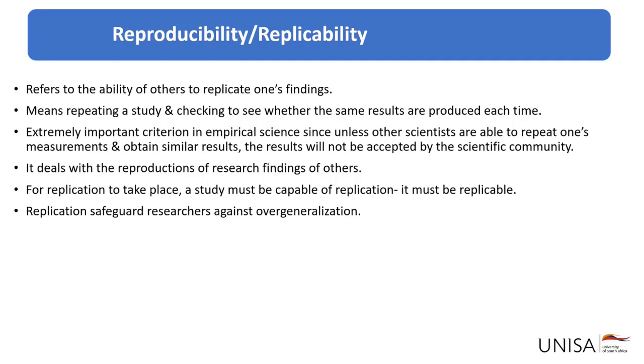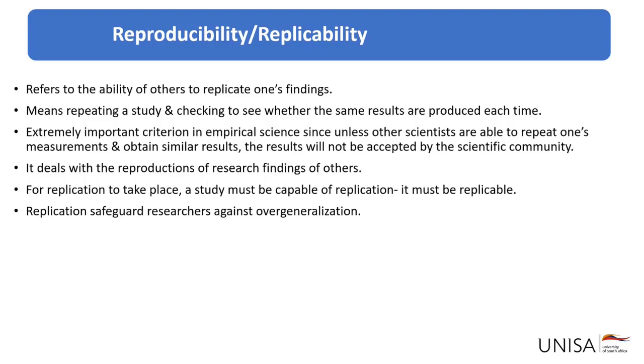These are scientific criteria that must be applied in most, if not all, research projects. Replicability refers to the ability of others to replicate one's findings. So if I follow your design, go through your methods, and do as you have done, I should be able to replicate your findings.